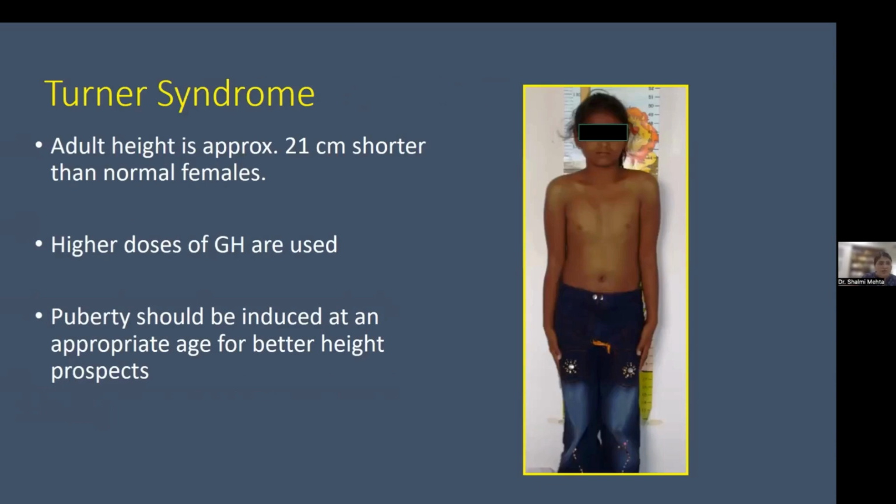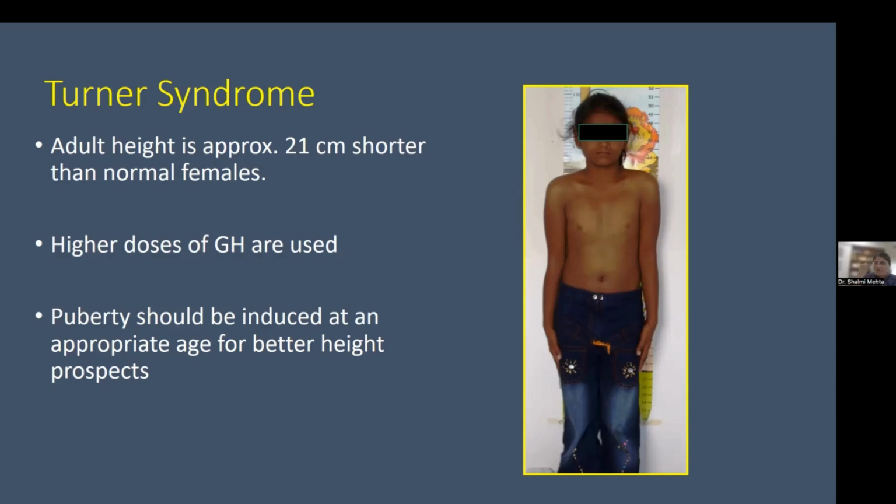Turner syndrome. As I was talking earlier, the reason why we get a karyotype, and I'm sure everybody knows what a karyotype is, is to get a basic mapping of your 46 chromosomes. In Turner syndrome, this happens in girls, wherein instead of two X chromosomes, one is missing. So you have 45 chromosomes and only one X chromosome.